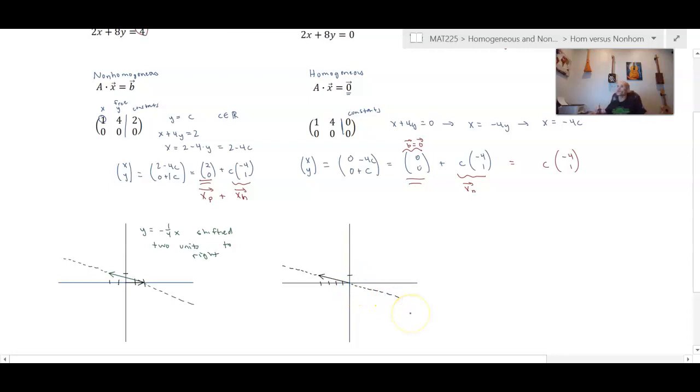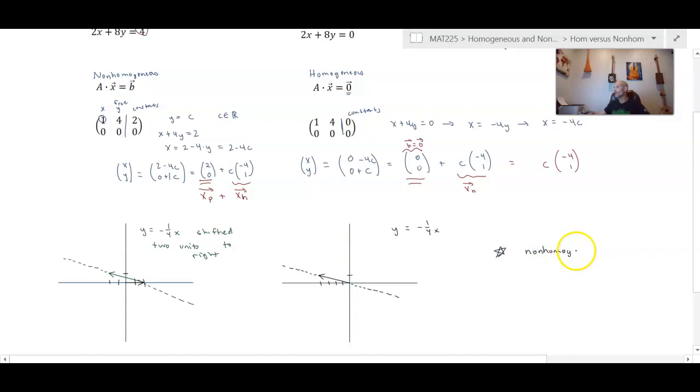There we go. So notice that this is exactly the line y equals negative 1/4 x. In other words, any point along this line will solve the homogeneous system. Any point along the line y equals negative 1/4 x shifted 2 units to the right will be a solution to the non-homogeneous system.